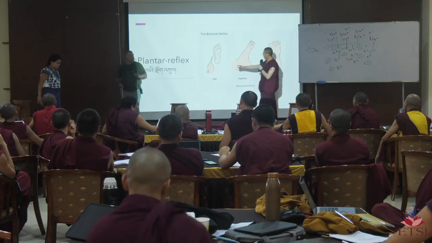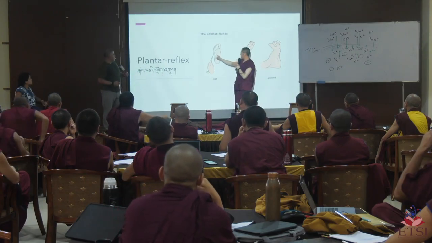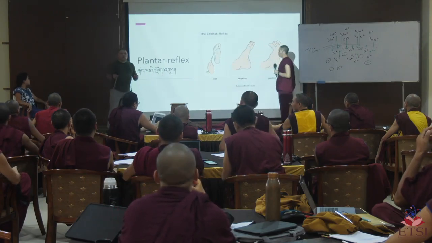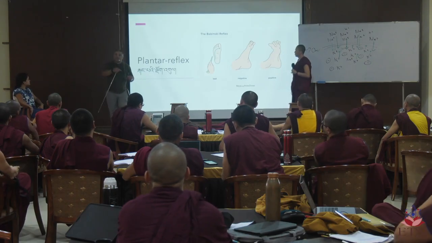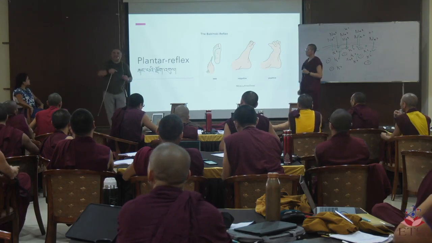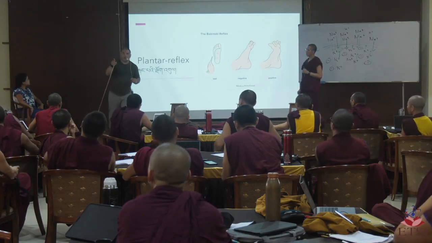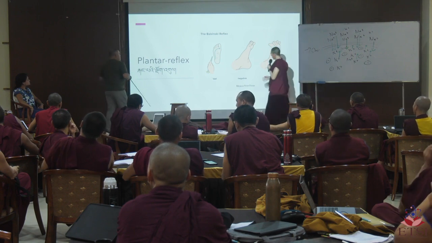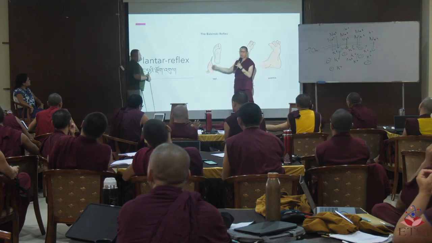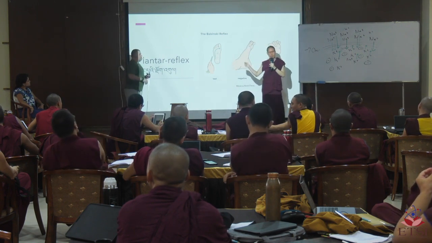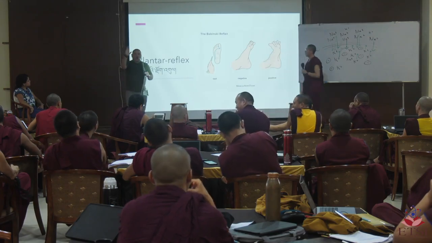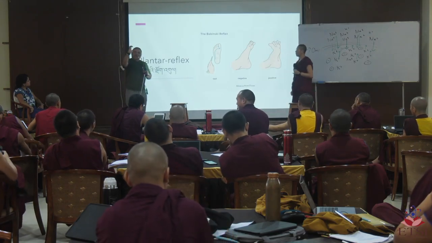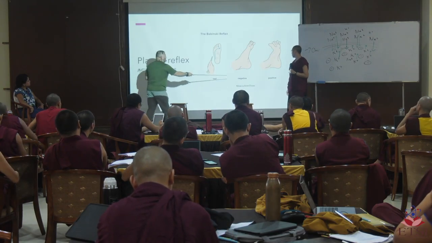Now, the reason why we do this to babies and adults is because babies and adults have a different result. If the toes curl in, we have a negative result.